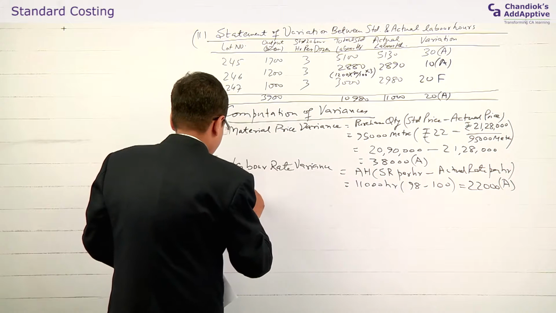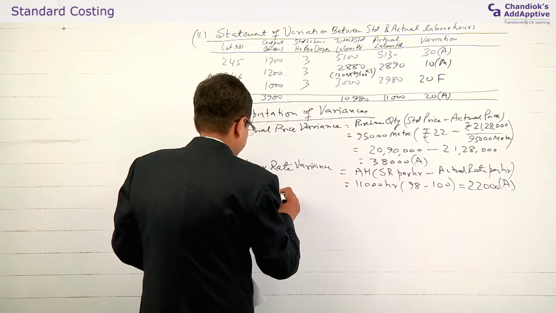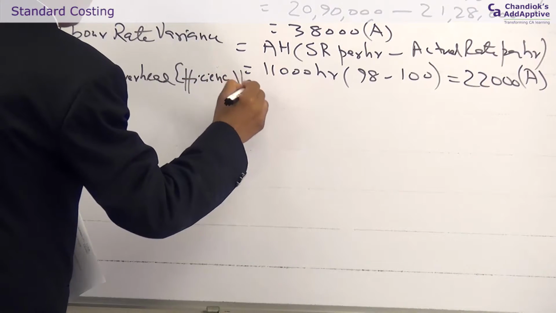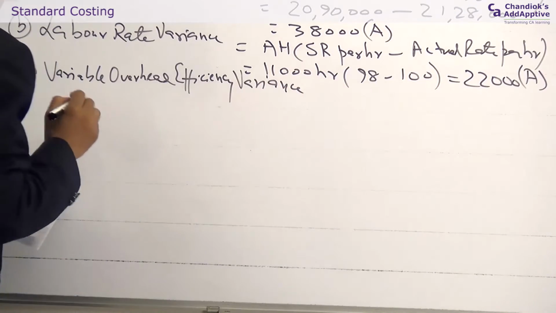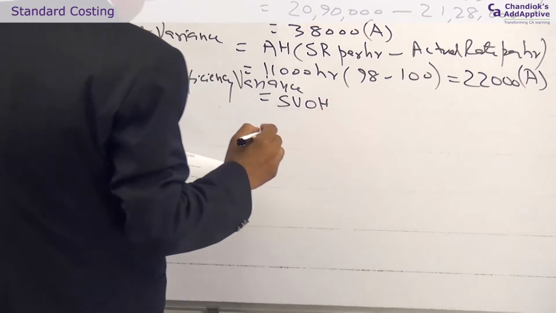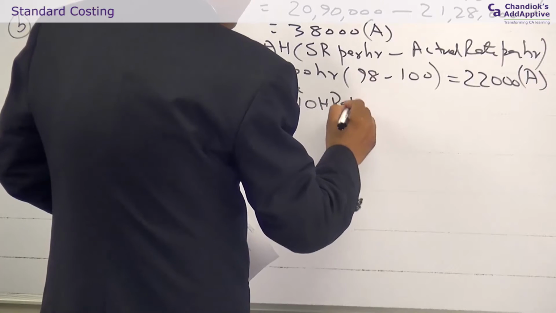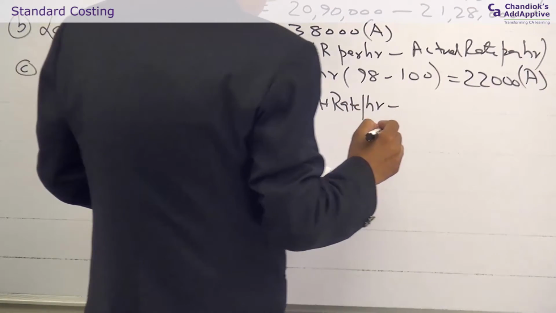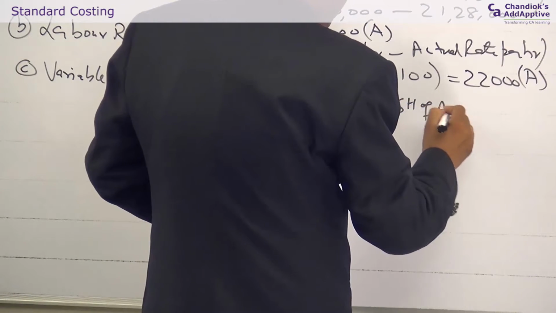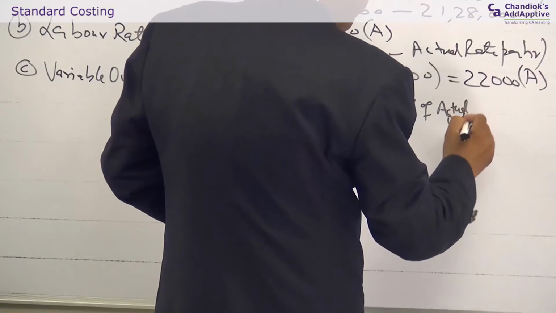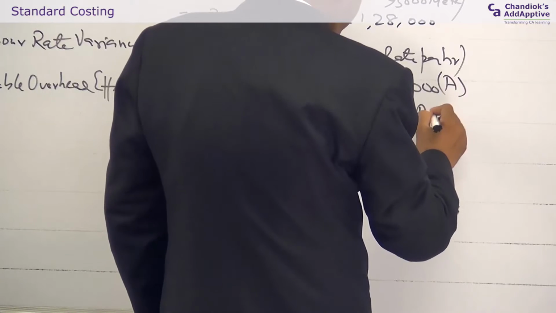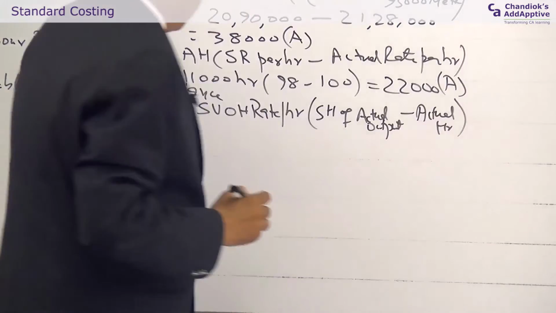Then you have the variable overhead efficiency variance. This variance is the standard variable overhead rate per hour, multiplied by the standard hours of actual output minus actual hours.